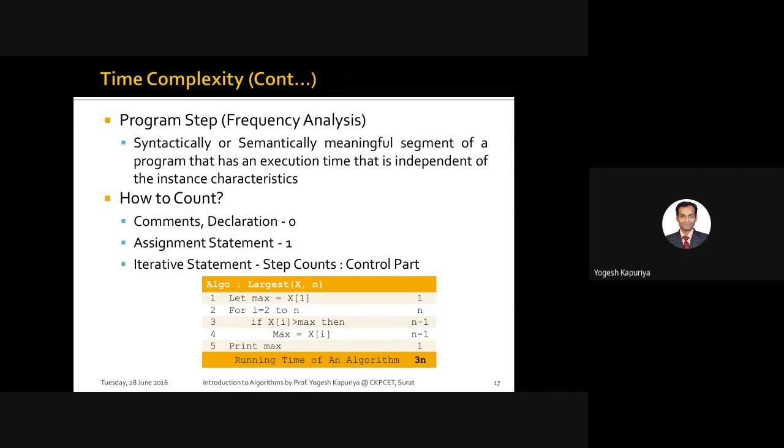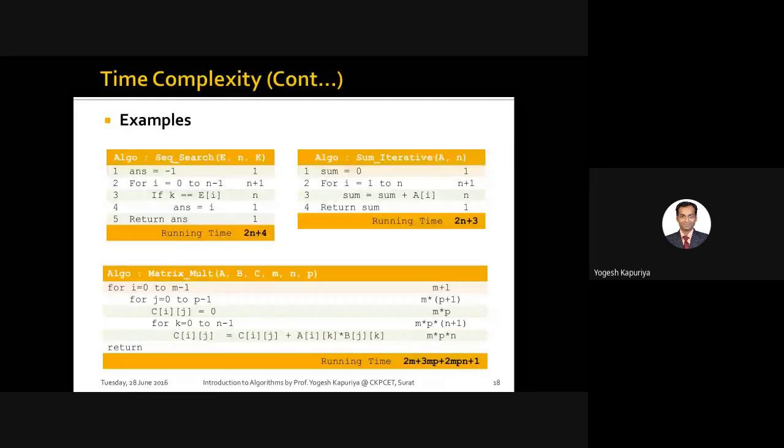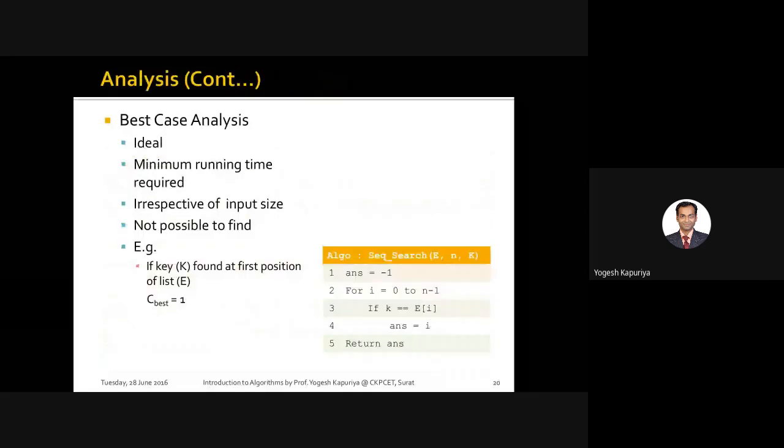And then there is a third type, an iterative statement. To count the steps for an iterative statement, you need to figure out how many times that loop is going to be executed, and you can consider nested loops as well. So this is all we have discussed.